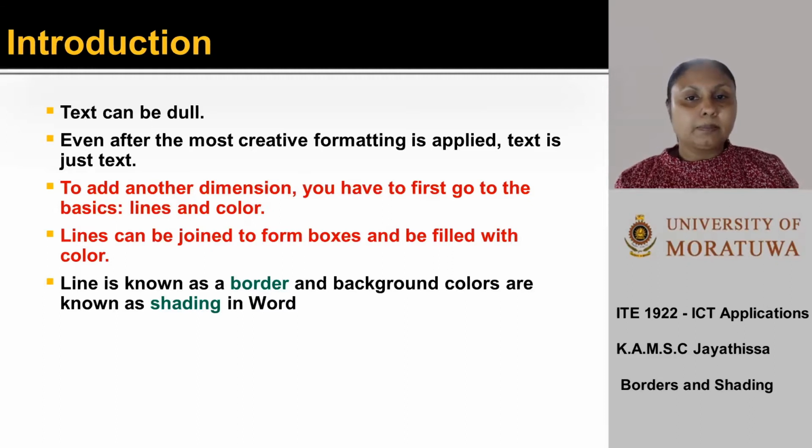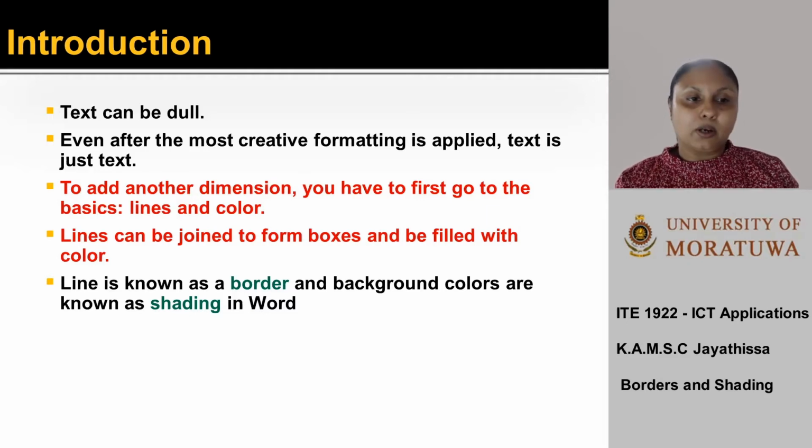When you type a text on your document, it can be dull. Even if you applied different font size and different font color, it is just a text. But to add another dimension, you first go to the basics: lines and color.